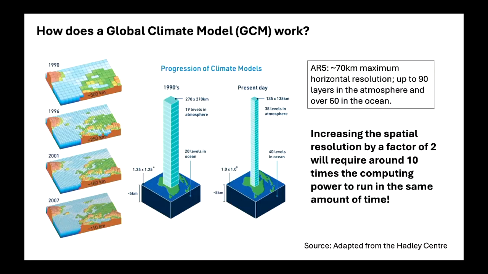And the vertical resolution has also been increasing over the years as part of model development. In fact, in some of the latest climate models we're using, the grid spacing has decreased to around 70 kilometers, with many more levels in the vertical as well. But of course, that comes with a significantly increased computational cost.